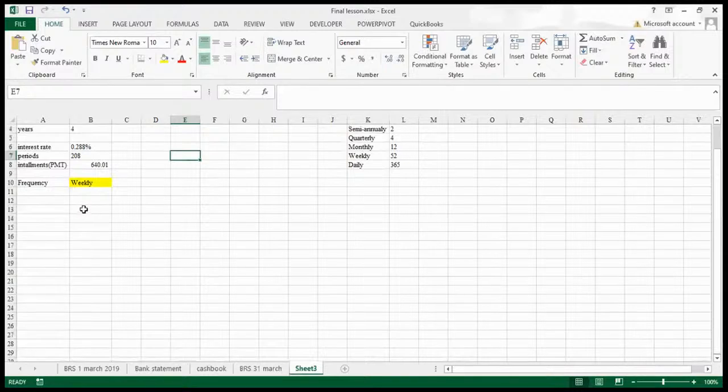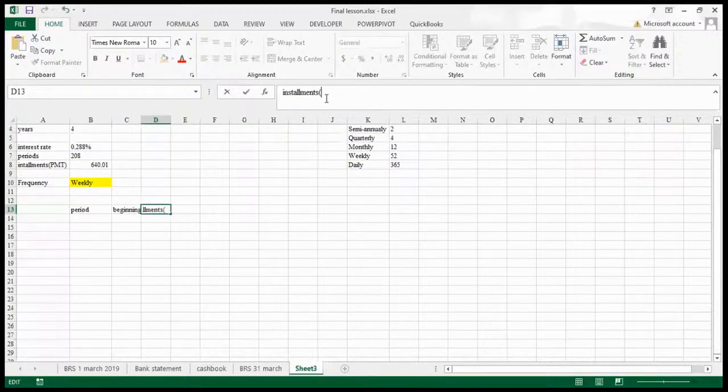So let's have our period here, the period of payment. Let's have the beginning balance. Let's have our installments, which in bracket is called PMT.